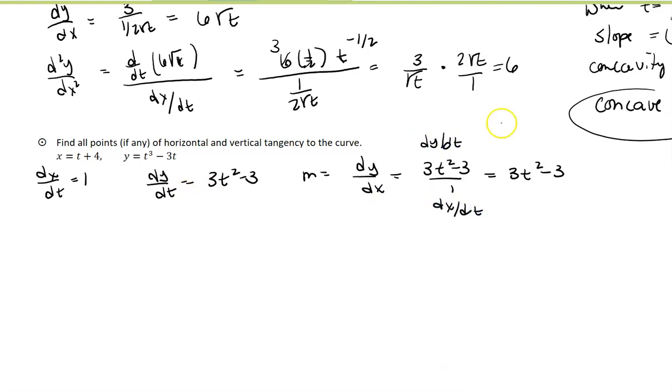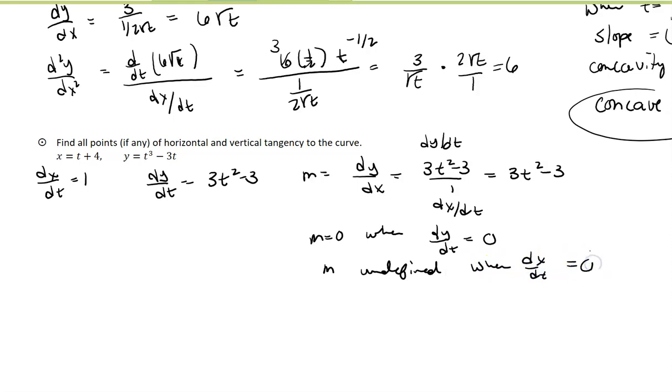So the slope is equal to 0 when dy over dt equals 0. And the slope is undefined when dx over dt equals 0. So for horizontal tangency, horizontal lines have a slope of 0.